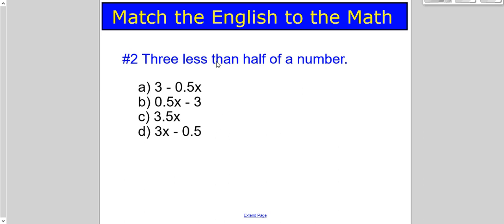So it's going to be half of a number, and then 3 less than that. That is going to be B. There's your 0.5, which represents half of a number, and then 3 less than that is a subtract 3.